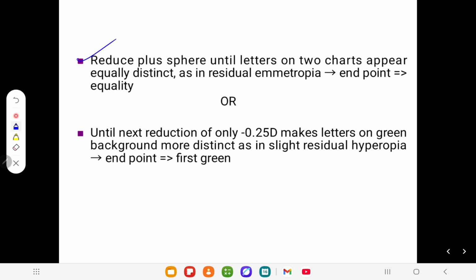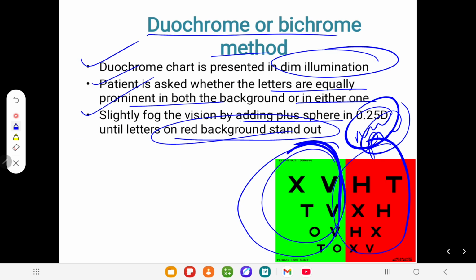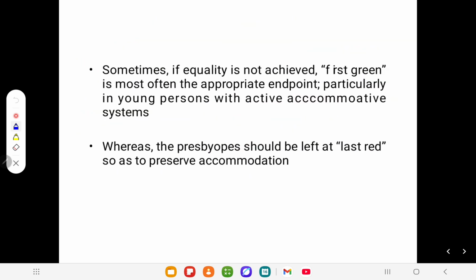So basically, reduce plus sphere until the letters on the two charts appear equal, as residual emmetropia endpoint equality, or, and I have always emphasized this, very important in real subjective refraction, until the next reduction of 0.25 makes the letters on the green background more distinct, as slightly residual hyperopic in the first green. So we know in the first green there is slightly hyperopic, but that's not the point. Sometimes if equalization is not achieved, the first green being most prominent is an appropriate endpoint, particularly in young patients with active accommodation.